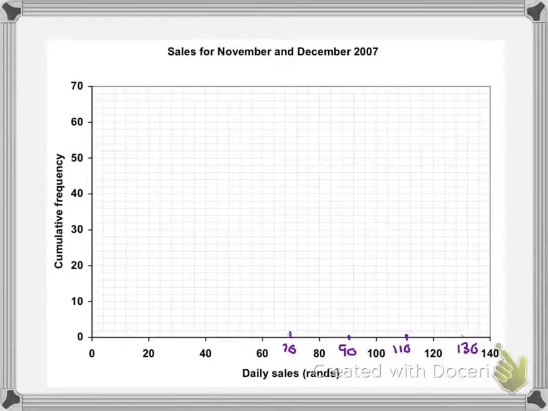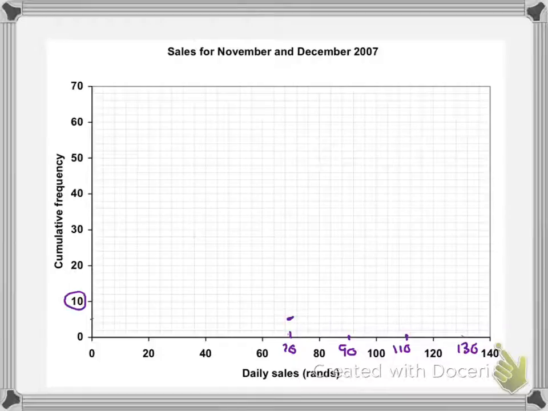130. Now it's very important to remember that you put your dots for cumulative frequency at the end of the interval. So my first interval was 60 to 70, and the cumulative frequency at that point was 5. Now notice if we look across here, the first notch that they've made is a 10. So halfway is more or less there. So that's where my first dot is going to go, and that's the end of that interval.